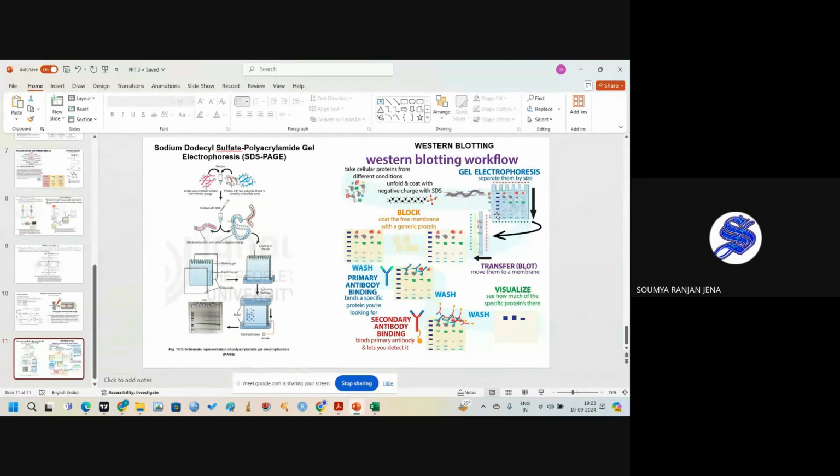Then you can transfer this protein to a PVDF membrane, because Western blotting is an immunofluorescence technique, and you can bind.